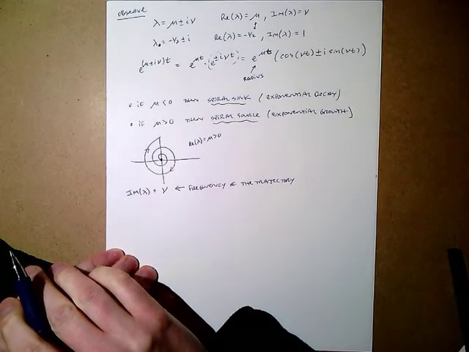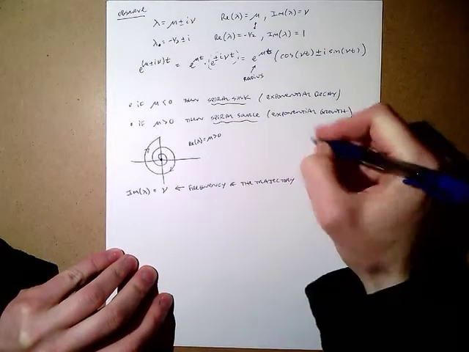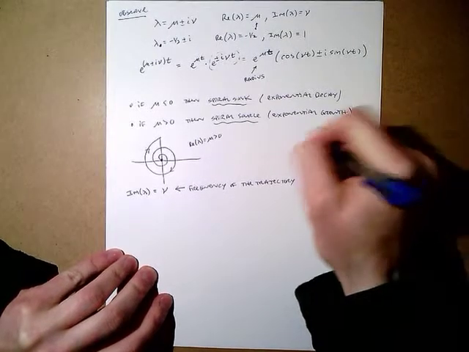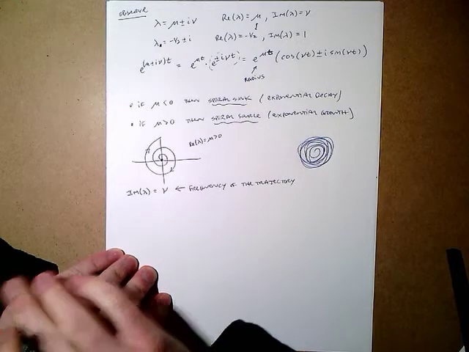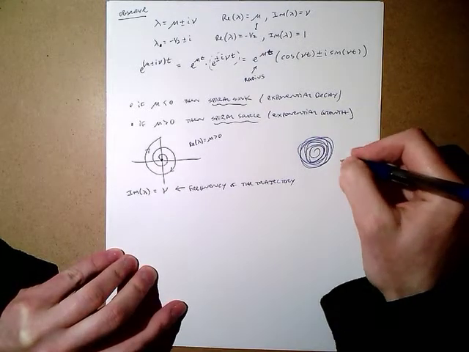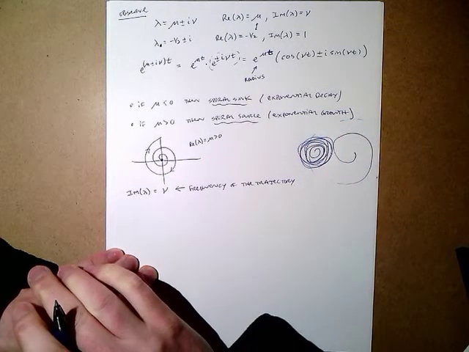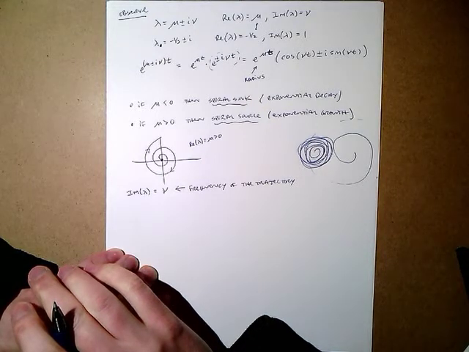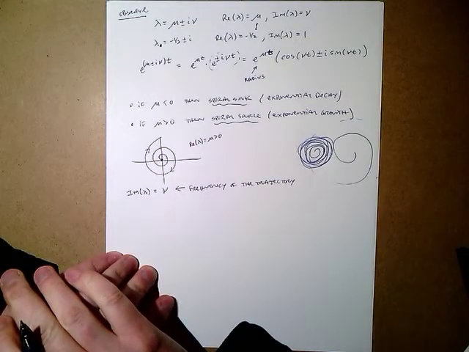So if the frequency is large, we have something where the trajectories really double back on themselves very quickly, whereas if the frequency is small, it might take a while for the trajectories to grow. So that sort of gives you the frequency of the spiral in this case.